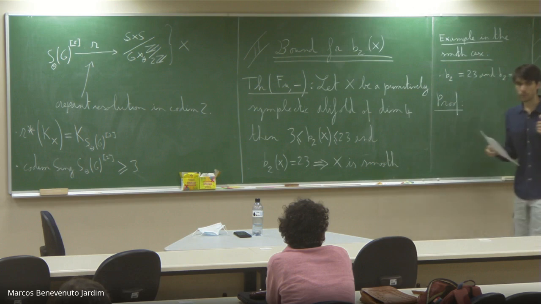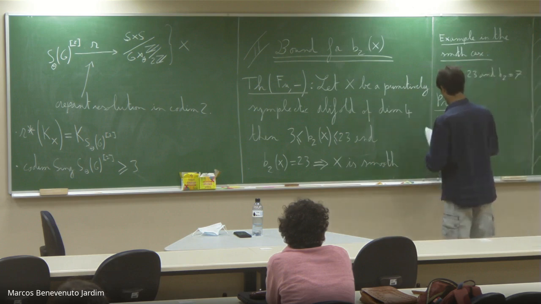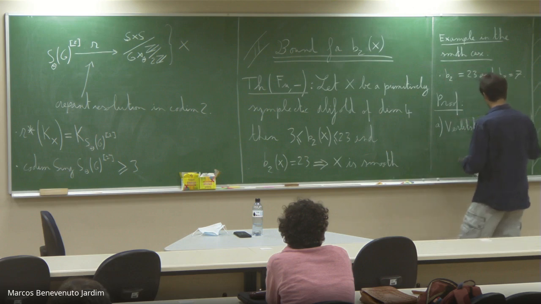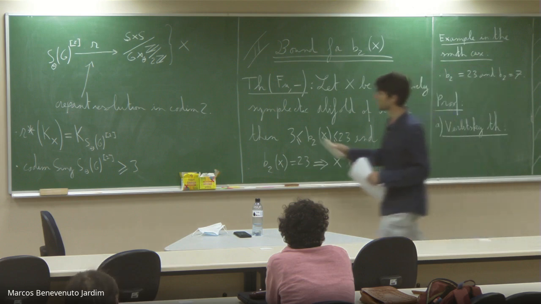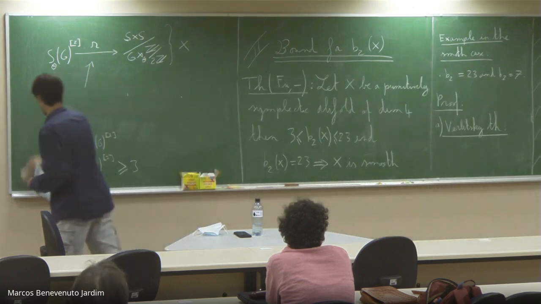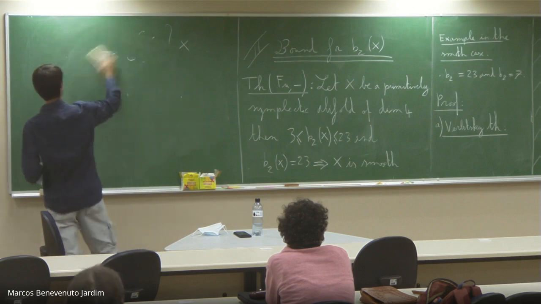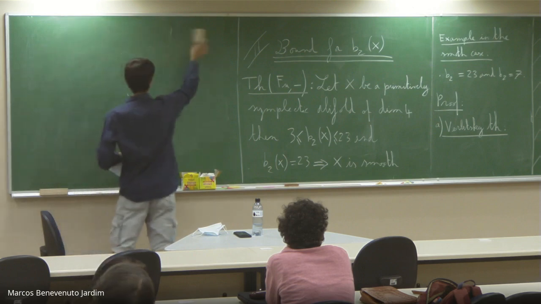There are two ingredients for the proof. The first ingredient is the Verbitsky theorem, and the second ingredient is just Riemann-Roch.